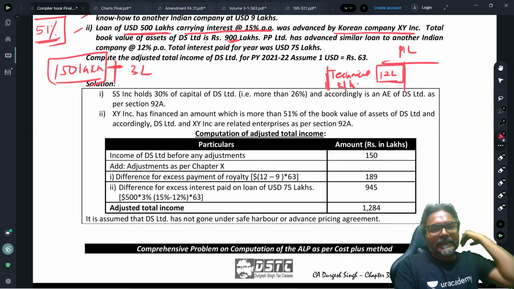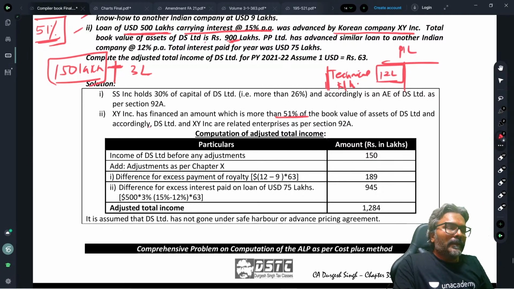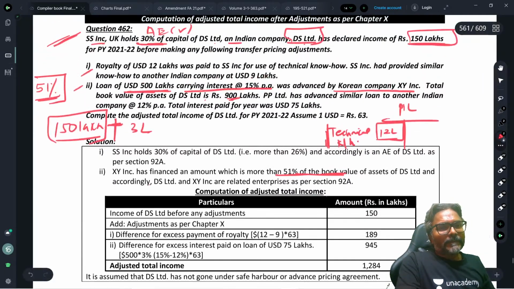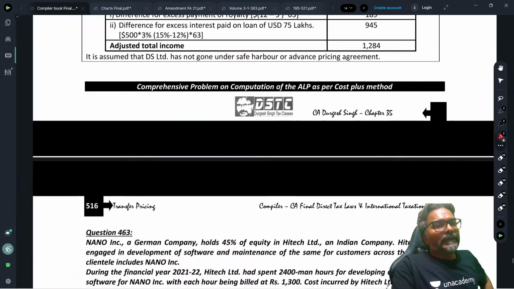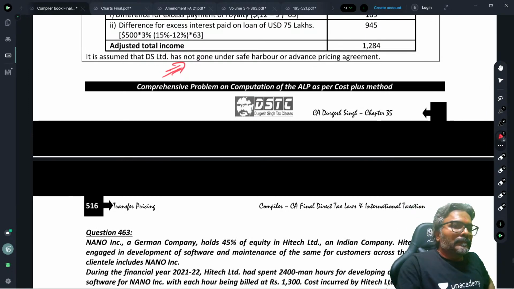And the answer is yes. The loan amount advanced is more than 50% of the total book value of assets of the Indian AE, and therefore both of them are associated enterprises. Is that clear to all of you students? And that exactly is the point. I hope all of you are clear with this one. Shall we proceed now, students?